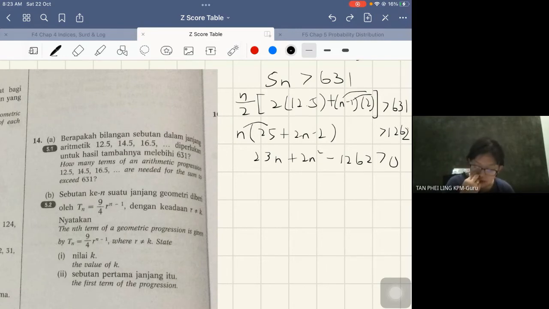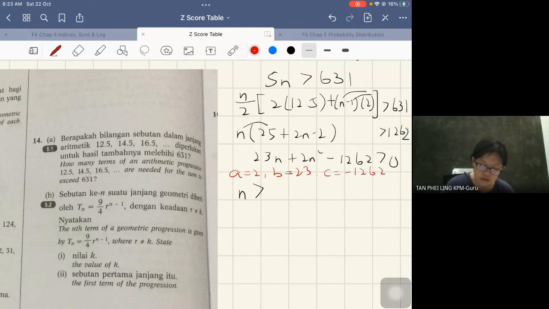Now this expression, it's bigger than 0. Do you see that? So now n is also bigger than, then you put your formula. If you cannot, then you write down one more line: A equals 2, B equals 23, C equals minus 1262.